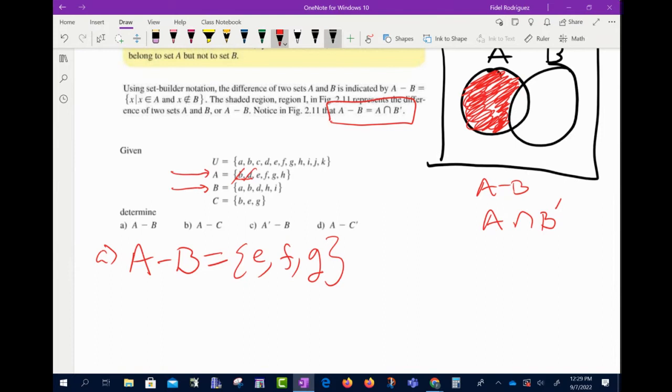So look, there is a part B to this. Part B says, let's look at the set A minus C, okay? So again, y'all, I'm going to look at 2 sets right here.